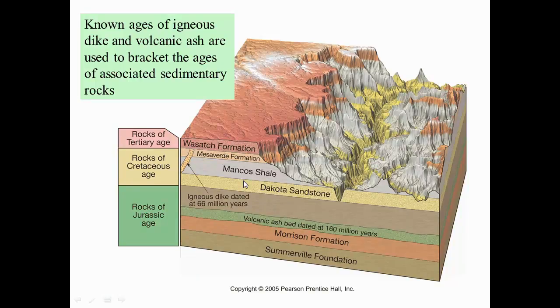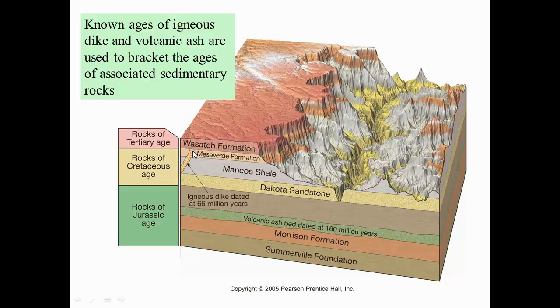Here, for an example, within a region of western North America, we have a series of sedimentary rocks like the Dakota Sandstone, the Mancos Shale, the Morrison Formation. There are two materials we can date within this sequence.